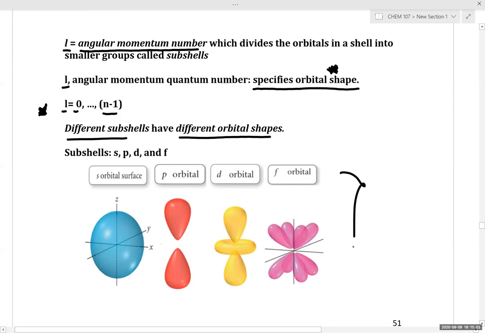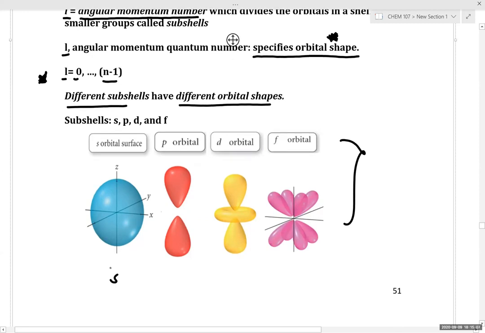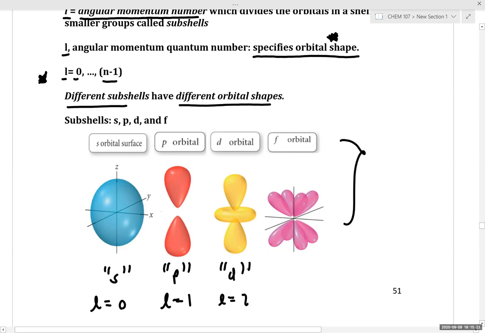So here's an example of each of our different subshells. We have our s subshells, where l is 0, which look like a sphere. Our p subshells, which look like a dumbbell, correspond to l equals 1. Our d subshells can look either clover shaped or like this example shown here, and these correspond to l equals 2.